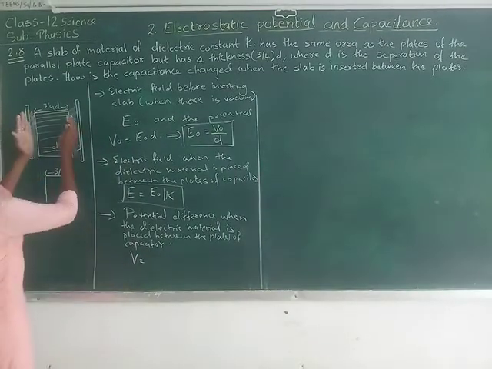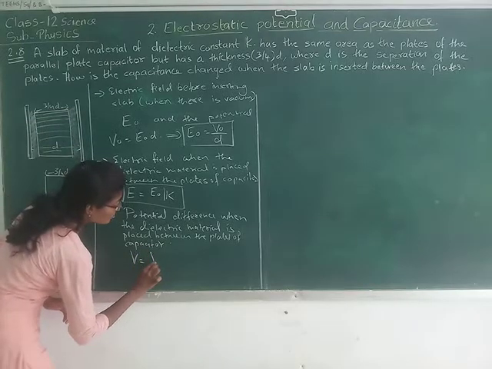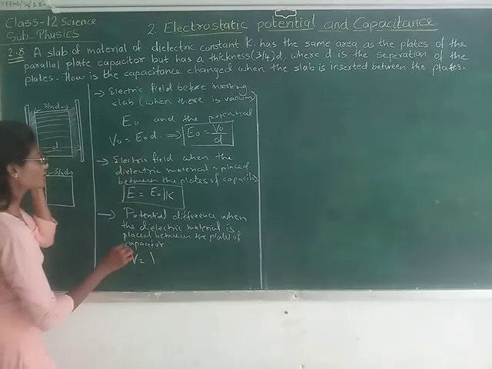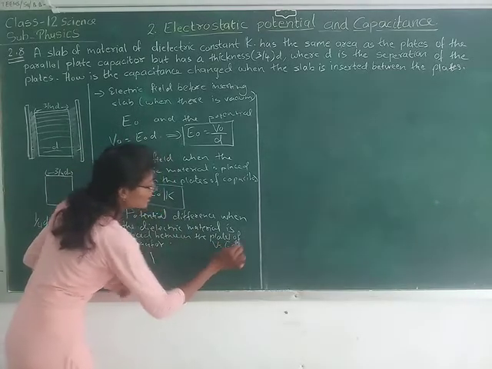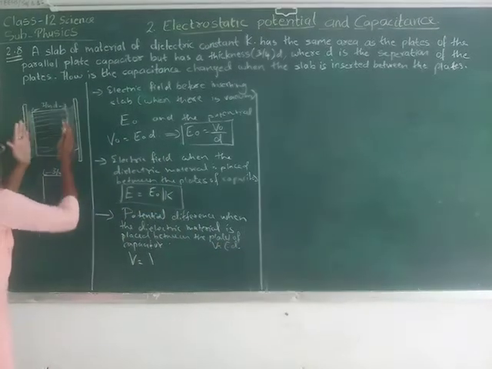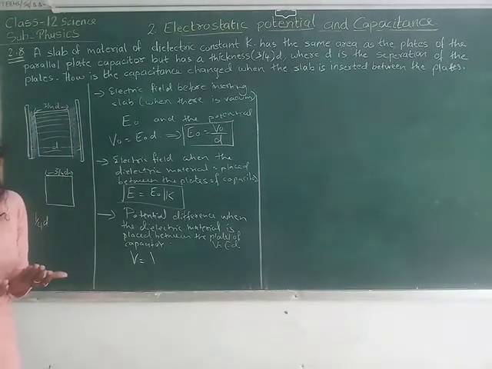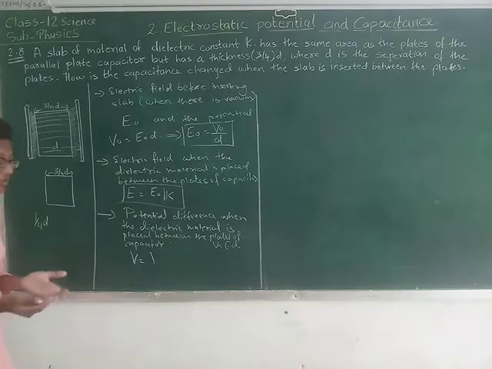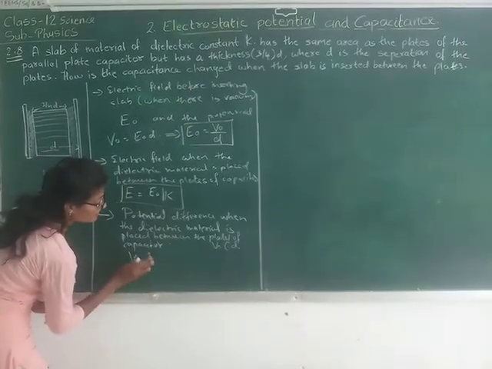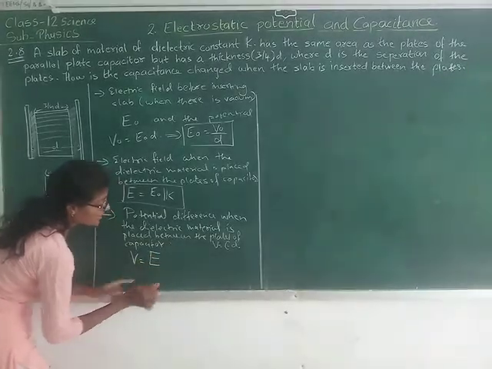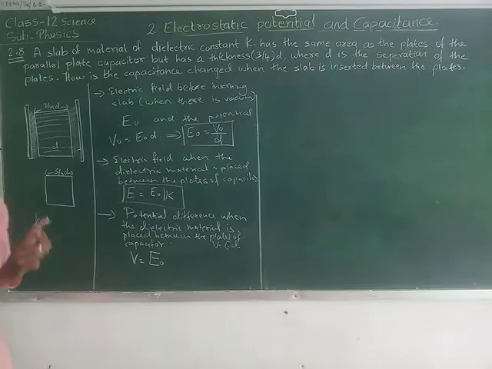First let us see this air part, right? That will be V is what? General formula, that is V equals to ED, right? So for this portion where the slab is not there, where we are considering the vacuum, in that case what will be the equation? That is E0, right, into D. D is what?